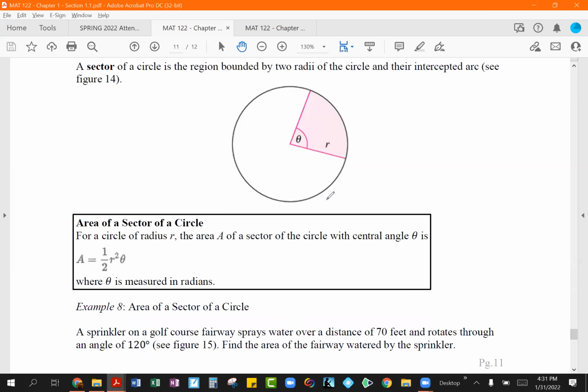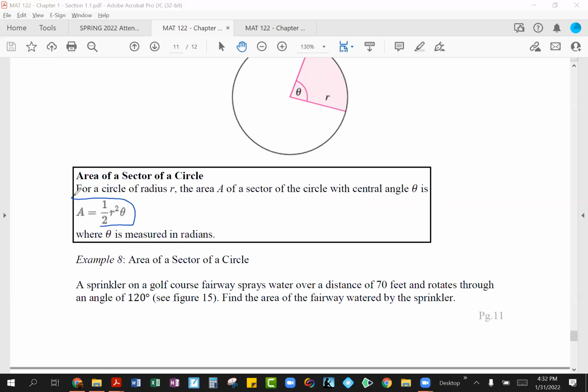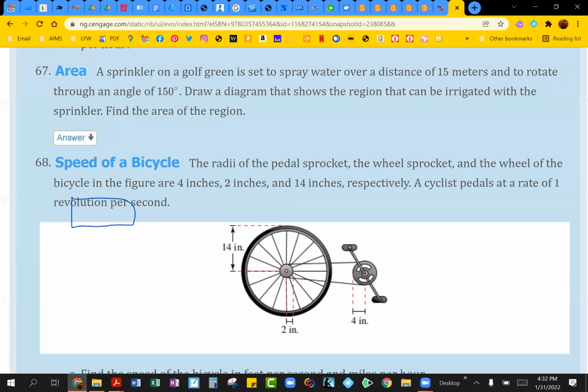So if you look at your formula here, this is derived from the area of a circle, but of course, we're not doing the entire circle here. So you've got your radius, you've got your central angle, and then the fraction of 1/2, and that gives you your area of a sector. Very straightforward: A equals 1/2 r squared theta.